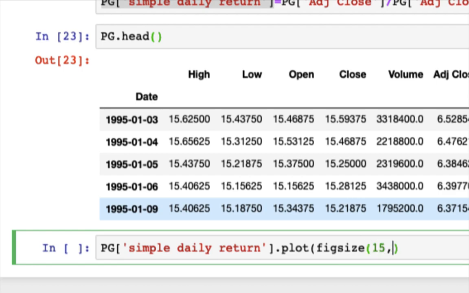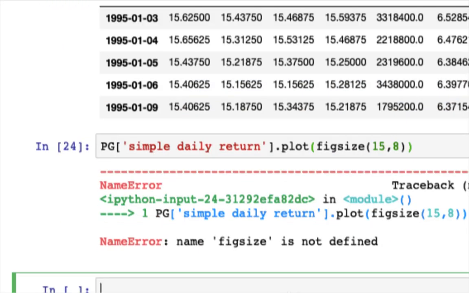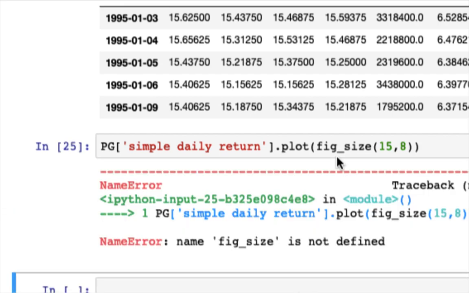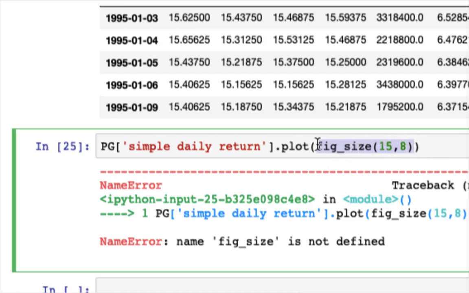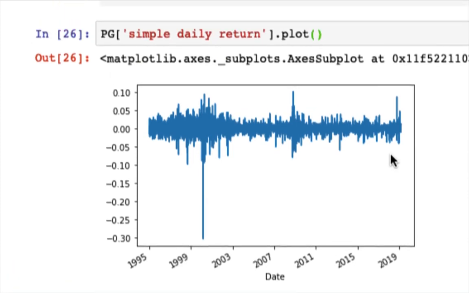I try 15, 8. What's the matter? Fig size is not defined. What is fig size? I hate when this happens.